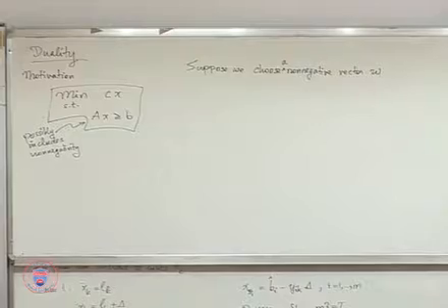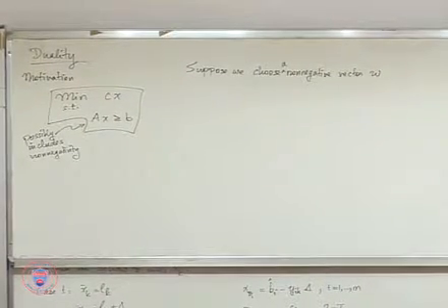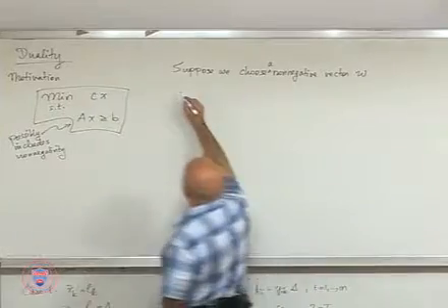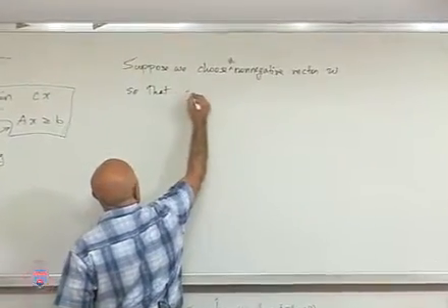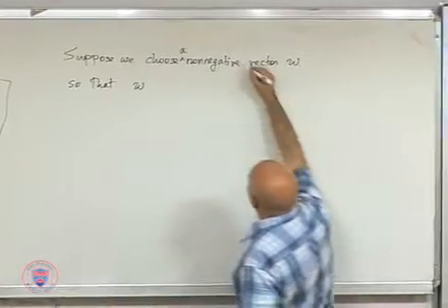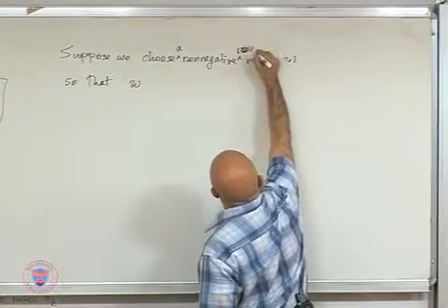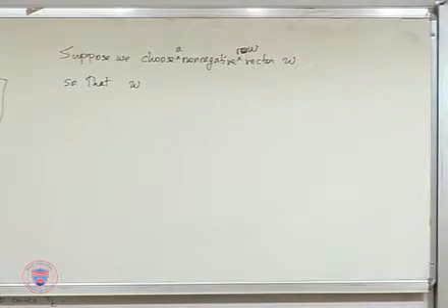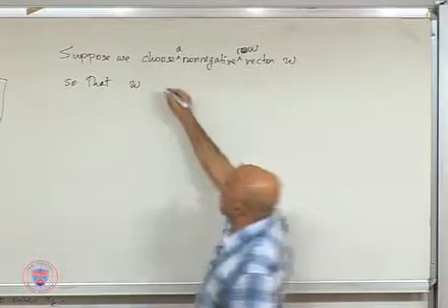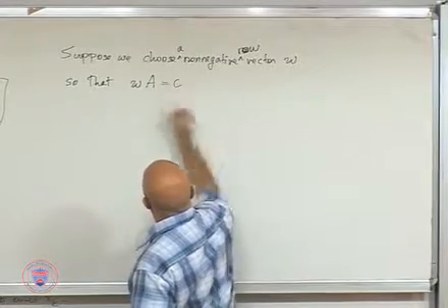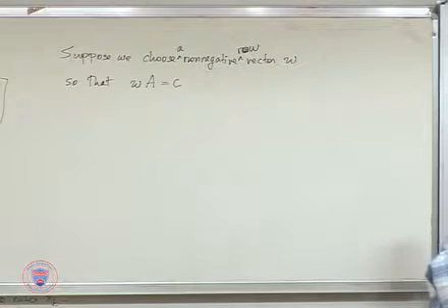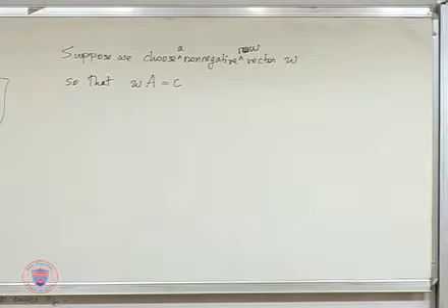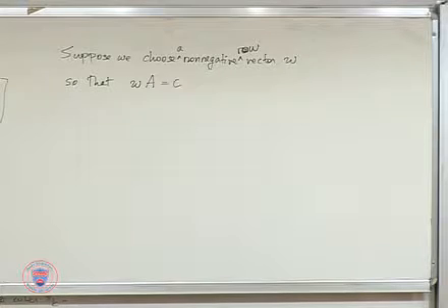So what I'm going to do is, suppose I choose a non-negative row vector w so that W times A is equal to C. So I'm trying to express the cost vector in terms of the rows of the A matrix by multiplying each row of the A matrix by appropriate non-negative numbers.